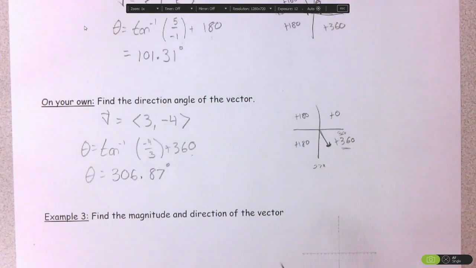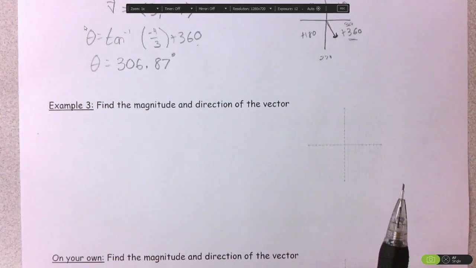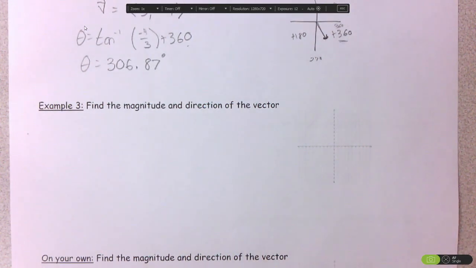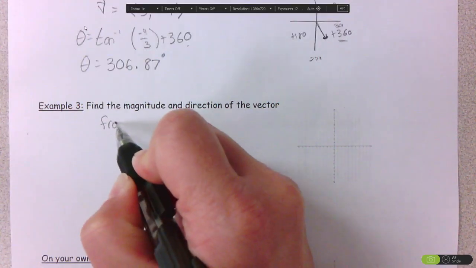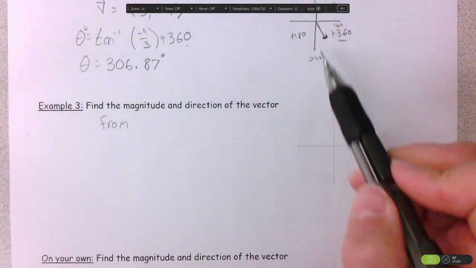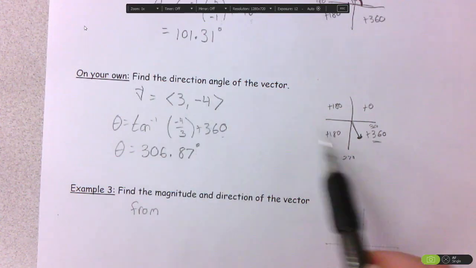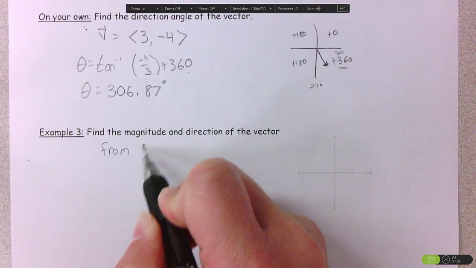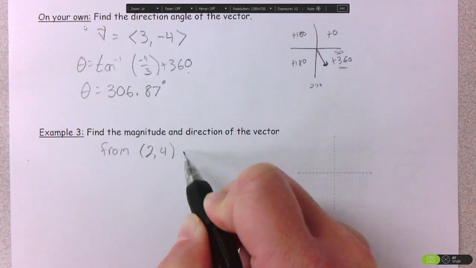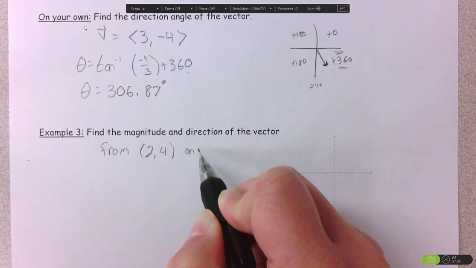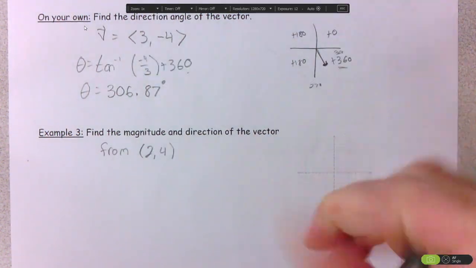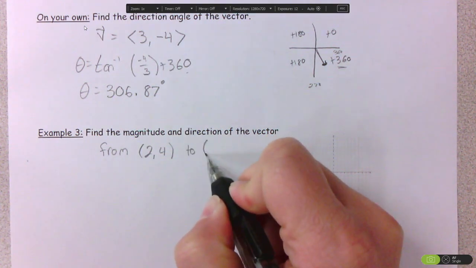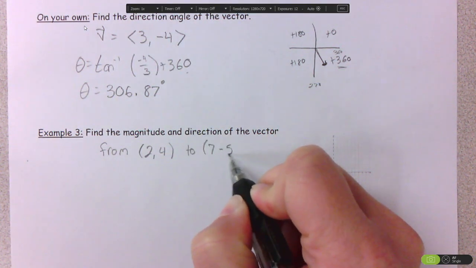Okay, so let's put these together. Sometimes I'm given vectors from... all the vectors we've dealt with before started with the origin, so I just denote them with one number because I know that I'm starting from 0, 0. But sometimes we don't start from the origin, and let's say I start at 2, 4 and go to 7, -5.